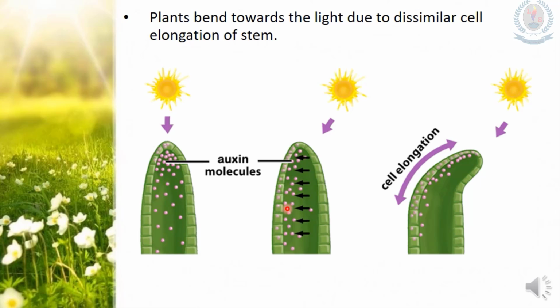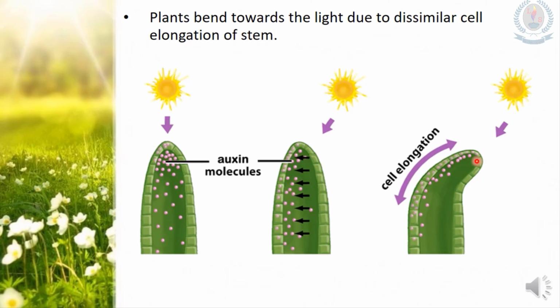So, this is called dissimilar cell elongation. Dissimilar cell elongation means the length of the cell increases on only one side, and on the other side the cells are not growing. So as a result of that, the plant is bending towards the light.